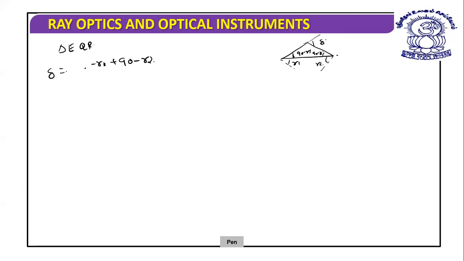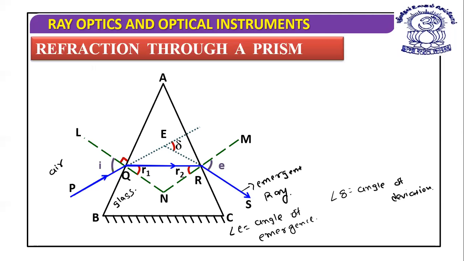Or we can say it is I minus R1 plus E minus R2. So delta can be written as I plus E minus (R1 plus R2). This is equation 1. Now, the angle between the emergent ray RS and the direction of the incident ray is delta.